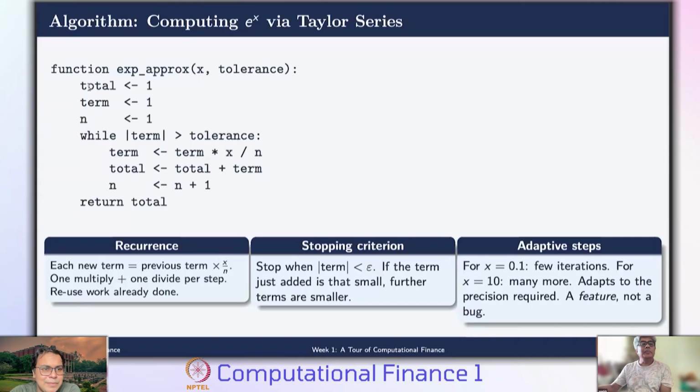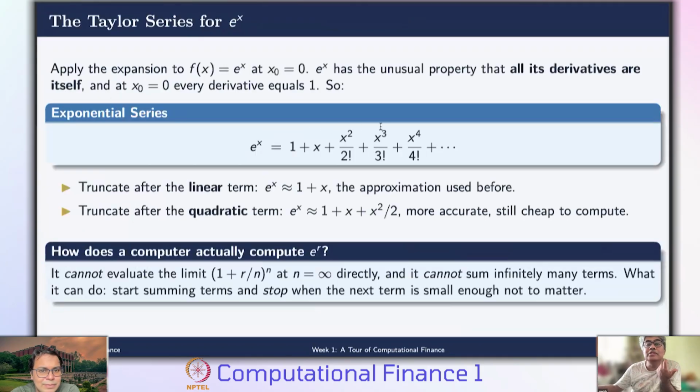Obviously, if you keep the tolerance very low, the algorithm will run for a longer period. But if you keep the tolerance at 3 or 5 decimals, it will converge quickly. I mean, it will not run for a long time. First, we start with three things. One is the total, because remember that these are all sums.